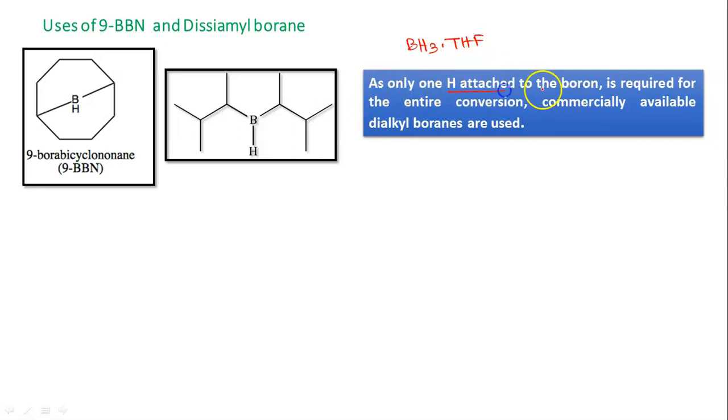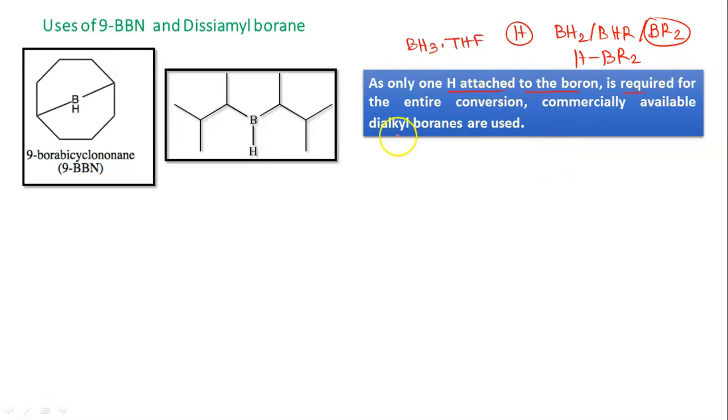Only one hydrogen attached to the boron is actually required for the entire conversion, because it is the net addition of H and BH; it may be BH2, BHR, or BR2. Suppose it is HBR2, that is also possible, because only one hydrogen is required for addition.